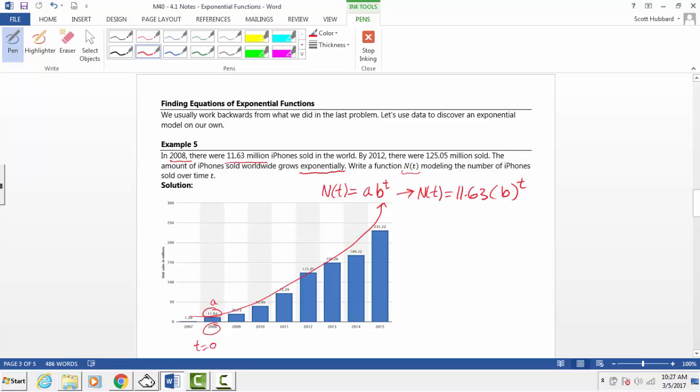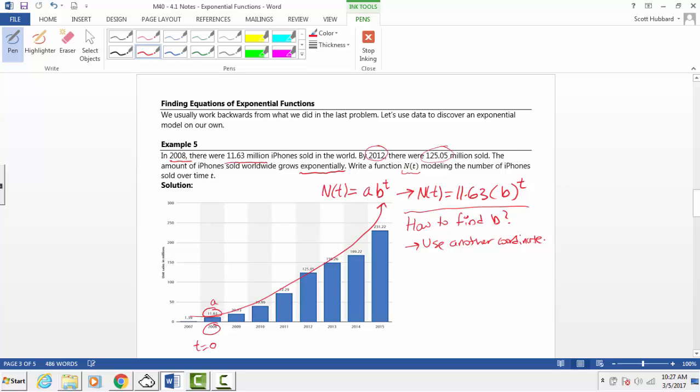Okay, so how do we find b? Well, the way we do that is we just use another value. So the answer is use another coordinate. So in this case, they told me another coordinate. They said 2012, that's the input, and the output was 125.05.